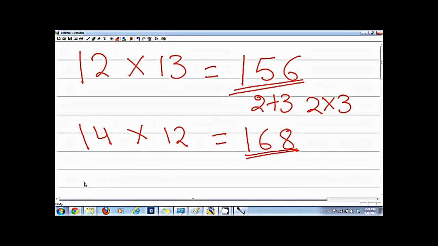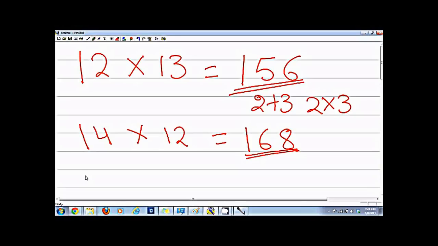Now there is one problem. If we multiply the digits and the result is not a single digit but a two-digit number, then we have to look at a trick.